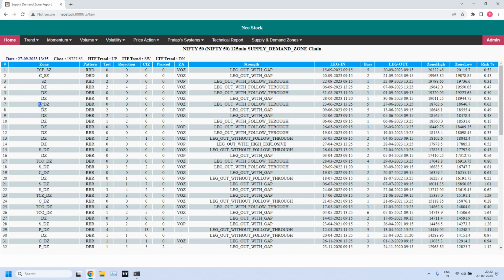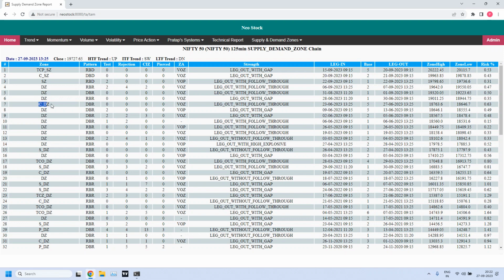But a high liquidity zone at least will give us some guarantee. They have a higher success rate. I'm not saying 100% they are successful, but at least maybe 70% winning chances are there. If a demand zone is 50-50, the probability is 50-50: 50% it can succeed or 50% it will fail.